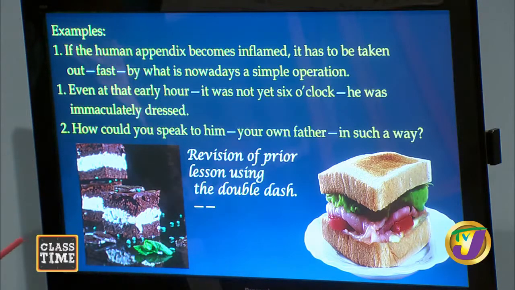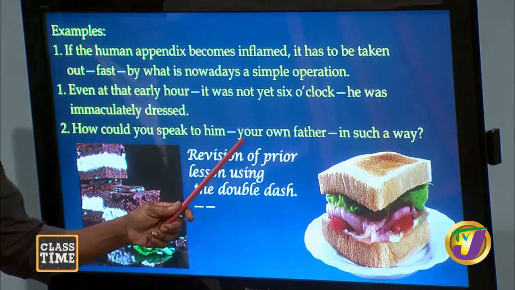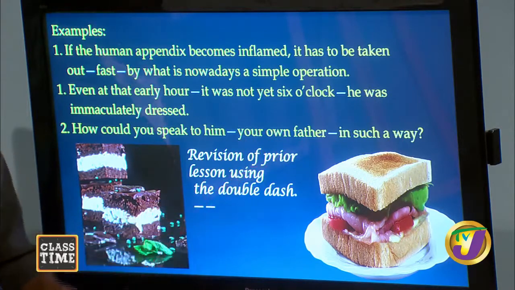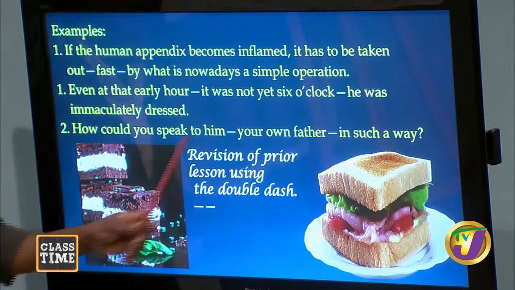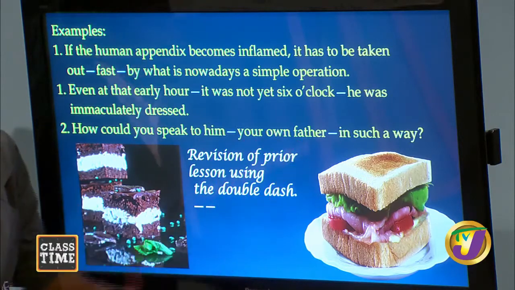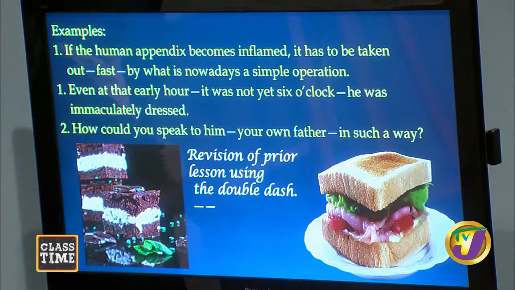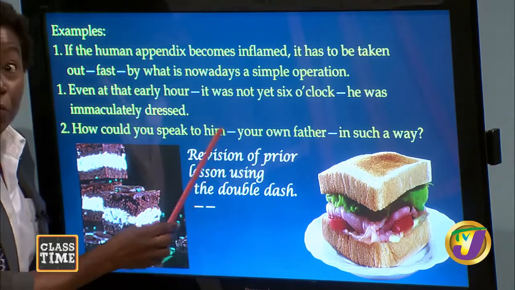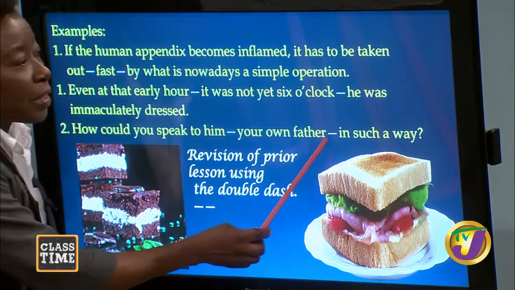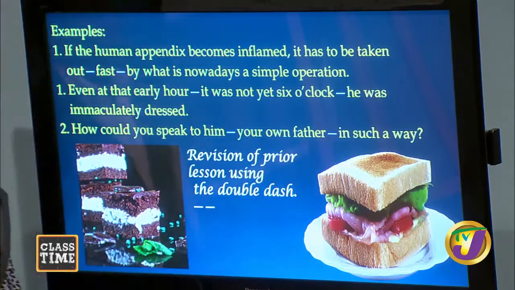But to give clarity and to somehow expound on the idea, you insert "your own father." So then we have a parenthesis right here. And to show parenthesis, you put the first dash before and the second dash after.